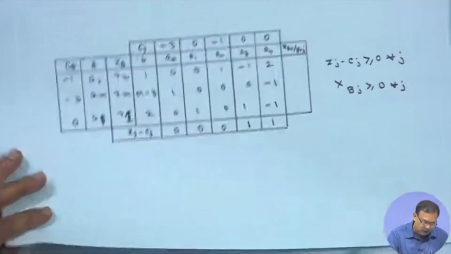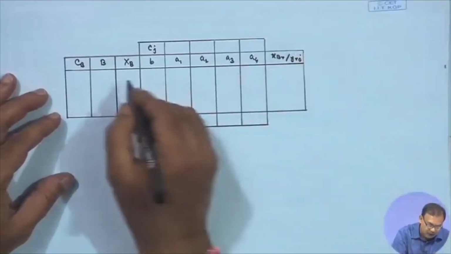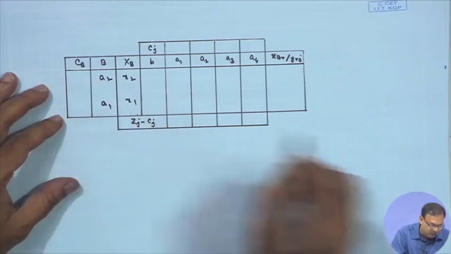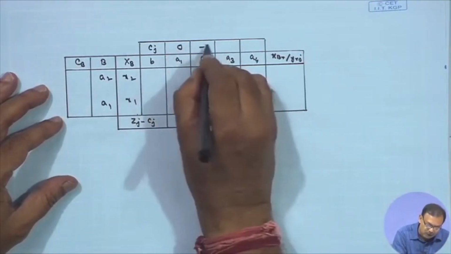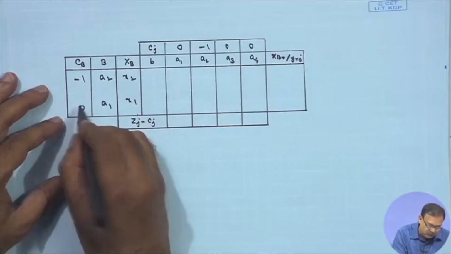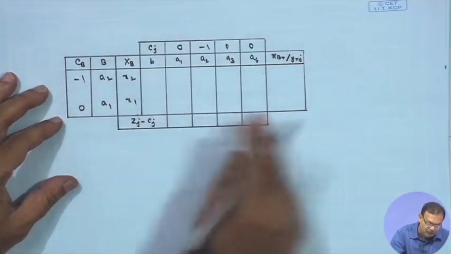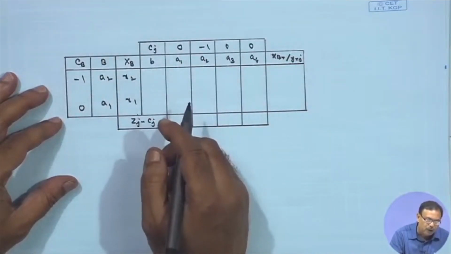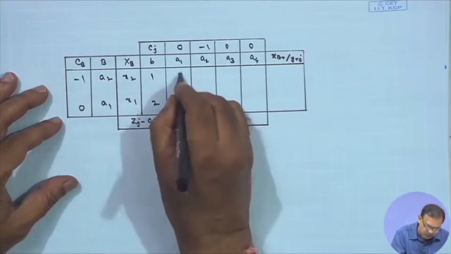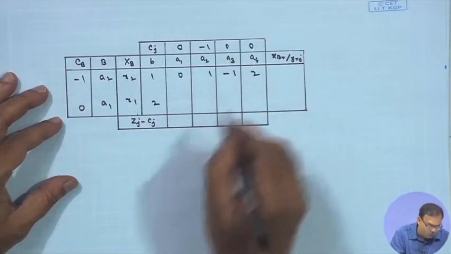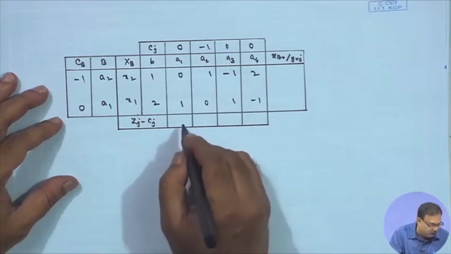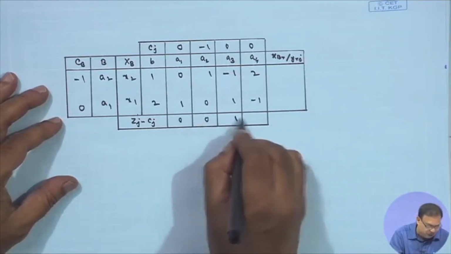So here you will have x2 and x1, so that you have a2 and a1. So, 0, minus 1, 0, 0. So a2 is minus 1, it is 0. You are just writing from here by removing the xm row and the column corresponding to am. So the b values will be 1, 2, 0, 1, minus 1, 2, and this is 1, 0, 1, minus 1. zj minus cj is 0, 0, 1, 2.